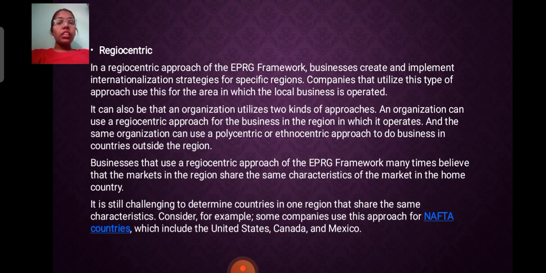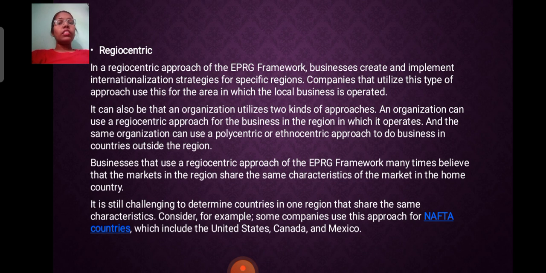Regiocentric approach. In the regiocentric approach of the EPRG framework, businesses create and implement internationalized strategy for specific regions. Companies that utilize this type of approach use it for the area in which the local business operates. It may also be that an organization utilizes two kinds of approaches.